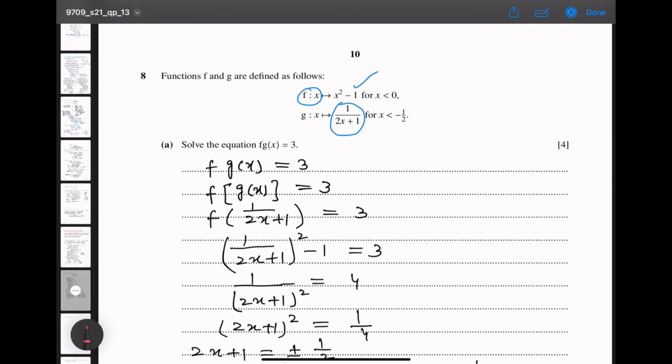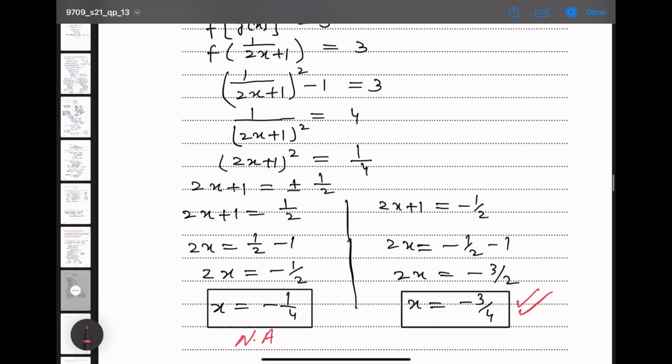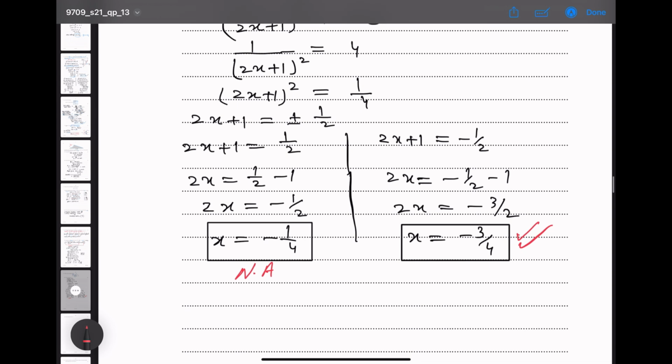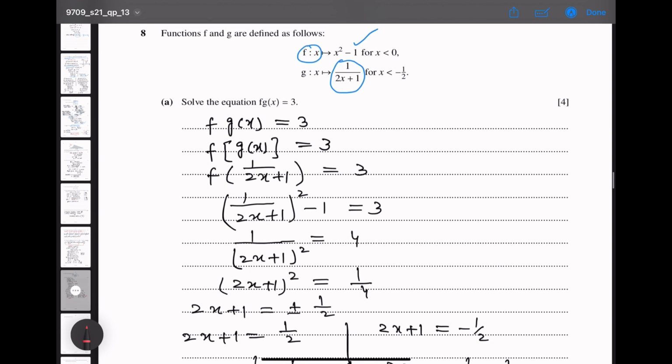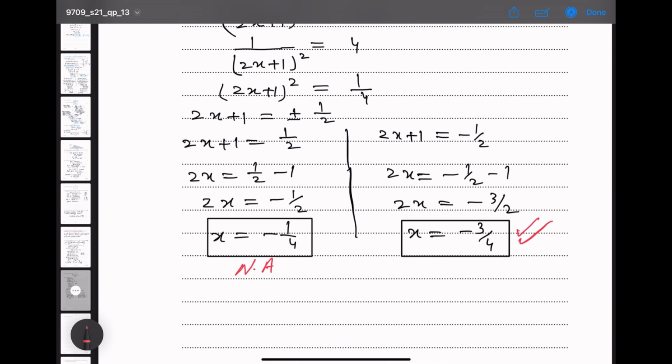The domain of the function g(x) is x less than negative 1 over 2. Accordingly, we accept only x equal to negative 3 over 4, because the domain is x less than negative 1 over 2. So the only answer is x equal to negative 3 over 4.